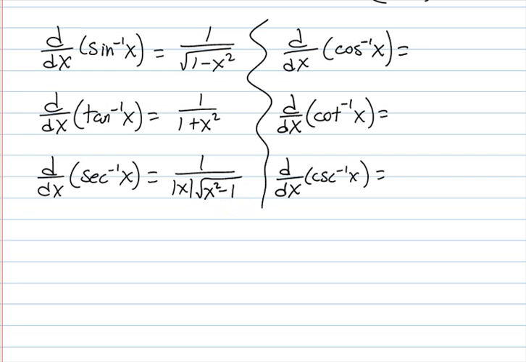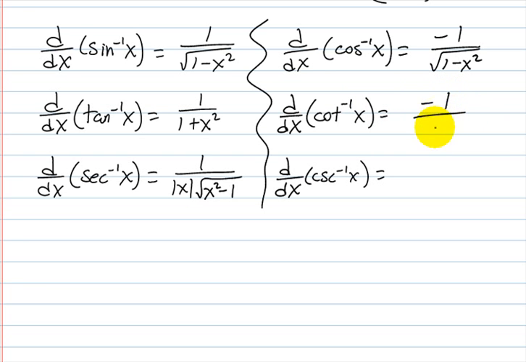The reason I did them in this order is that if you can remember the first three, the derivatives of inverse sine, inverse tangent, and inverse secant, then the other three, the co-versions, are extremely simple because you just take the opposite of the regular version. So the derivative of inverse cosine is negative 1 over the square root of 1 minus x squared.